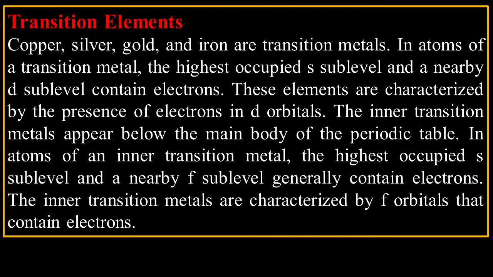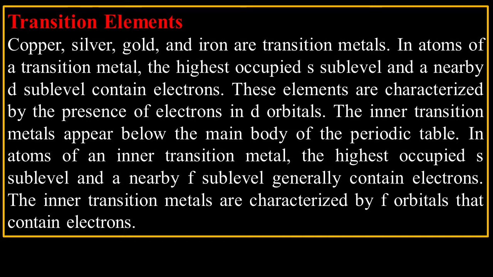The inner transition metals appear below the main body of the periodic table. In atoms of an inner transition element, the highest occupied S sublevel and a nearby F sublevel generally contain electrons. The inner transition metals are characterized by F orbitals that contain electrons.